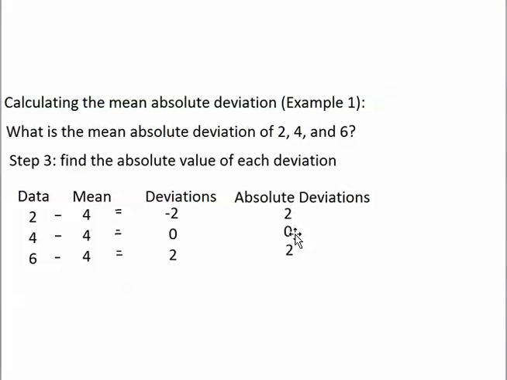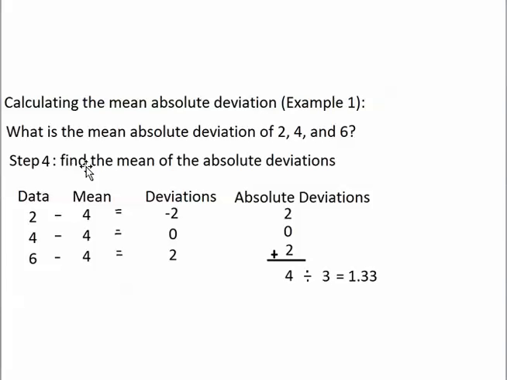So if each absolute deviation is just the distance from the data value to the mean, if we calculated the mean of the absolute deviations like this, we would be averaging all of those distances, and we would get the average distance between each data value and the mean.